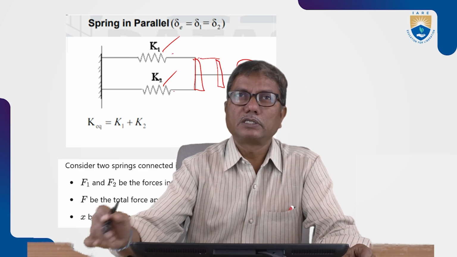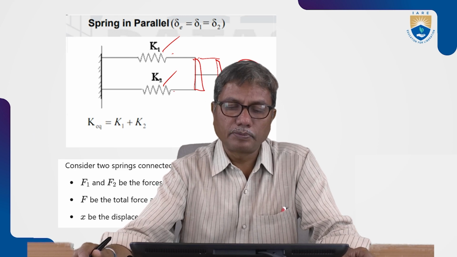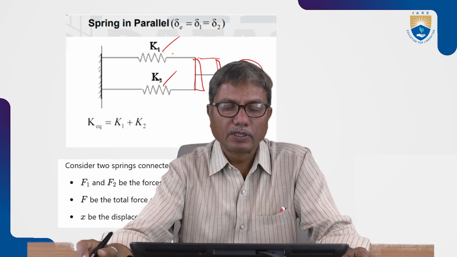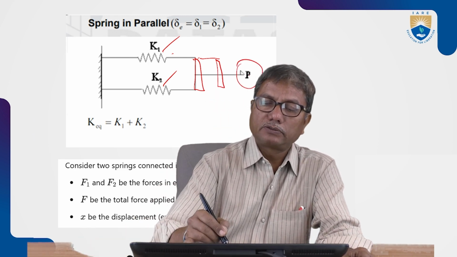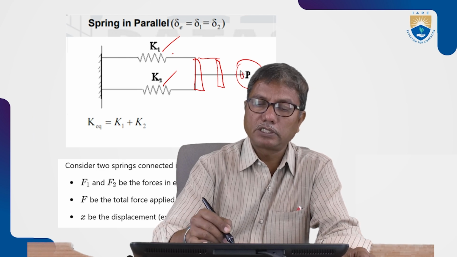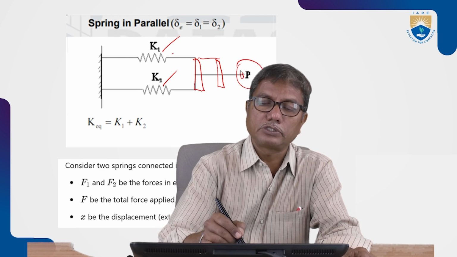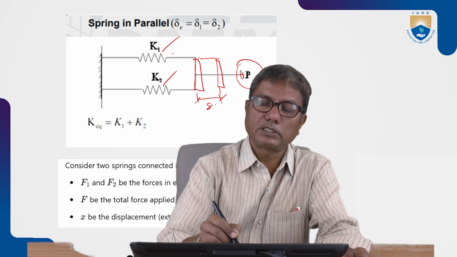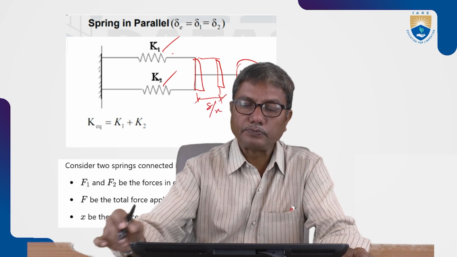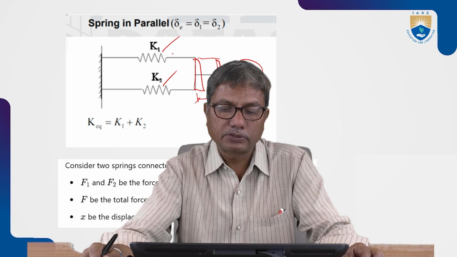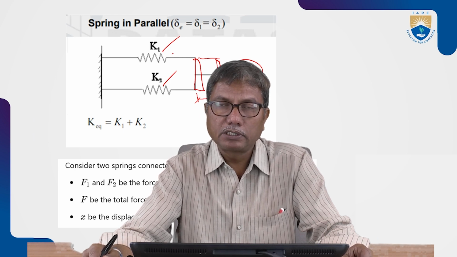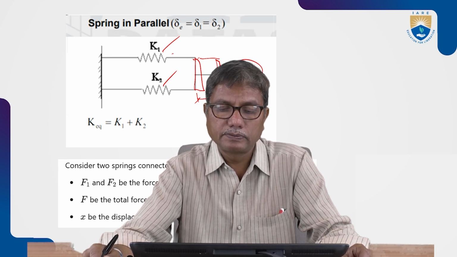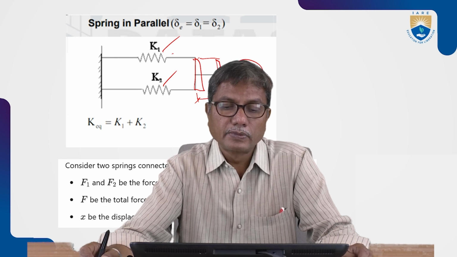The springs here are connected between two rigid plates. Under the action of the force, either tensile or compressive, they both undergo the same extension, delta or x. We represent the elongation by delta or x.